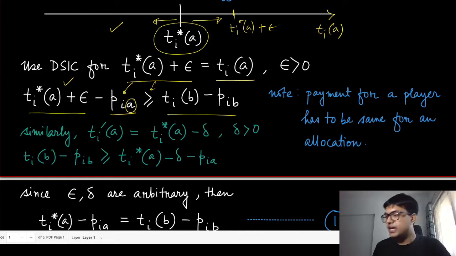So now consider another situation where the true type, let's say Ti of A, the same Ti of A is actually falling below this. So the true type is somewhere here, Ti star A minus delta.